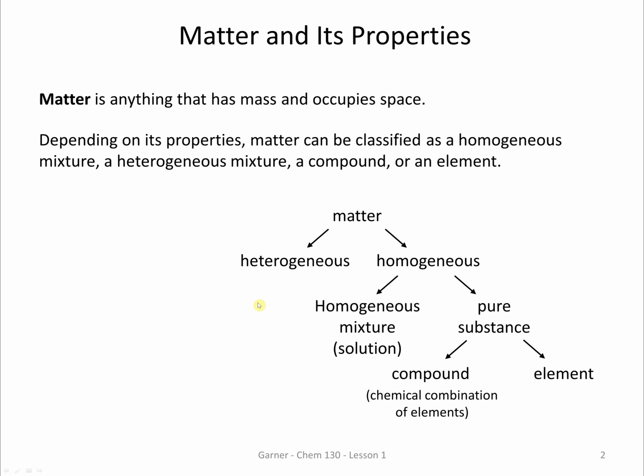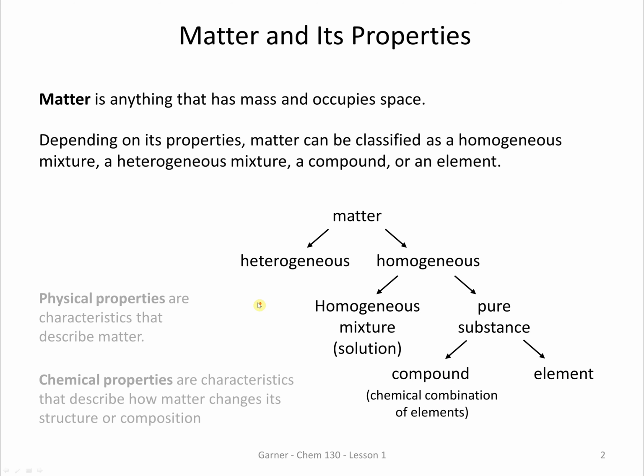Right, we can also think about the properties of matter. So materials' properties can be classified as either being physical properties or chemical properties. And I think it's probably a little bit easier to describe the chemical properties first. Chemical properties describe how a material reacts. So it describes the chemical reactivity of a material. So how matter changes its structure and composition as part of a chemical reaction.